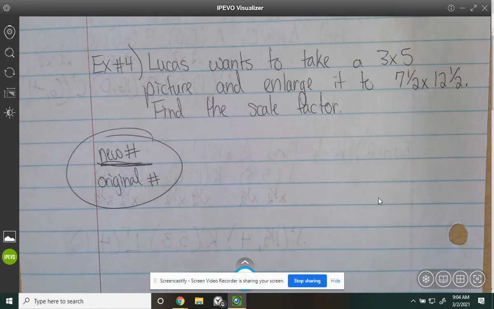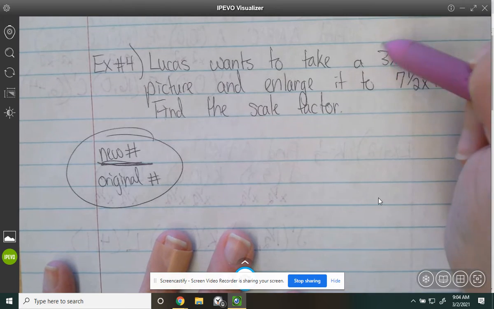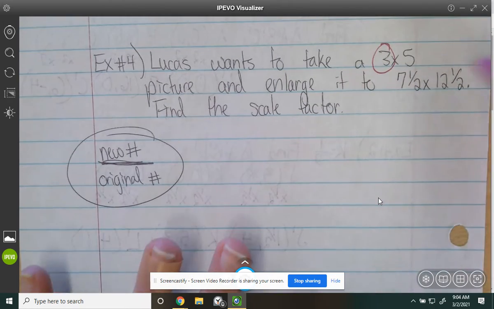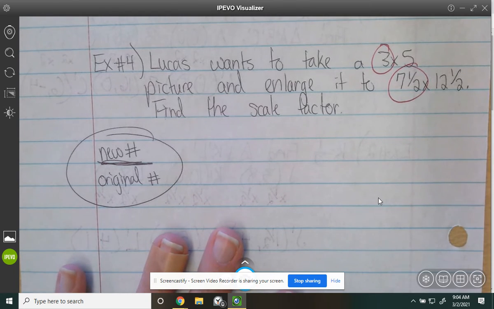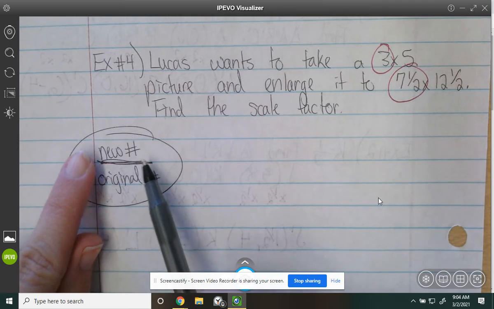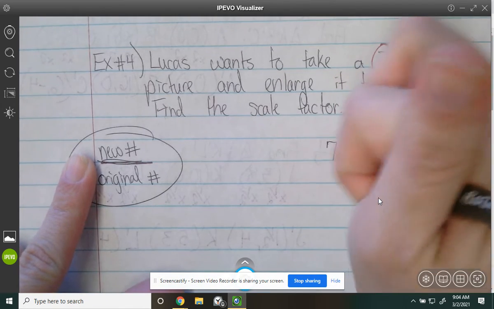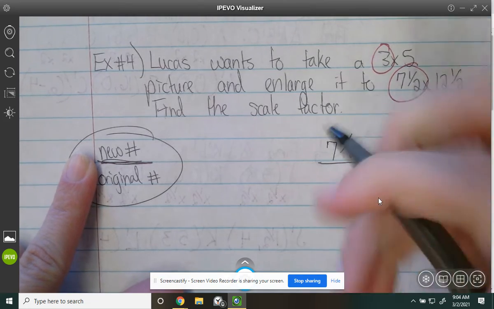So whenever I'm looking at this problem, let's just look at the 3. That's the width of my picture. Then what's the width of this one down here? It's 7.5. I can just look at those two numbers and that'll tell me the scale factor. Which one goes on top? The new one. So 7.5 would go on top, 3 would go on bottom.